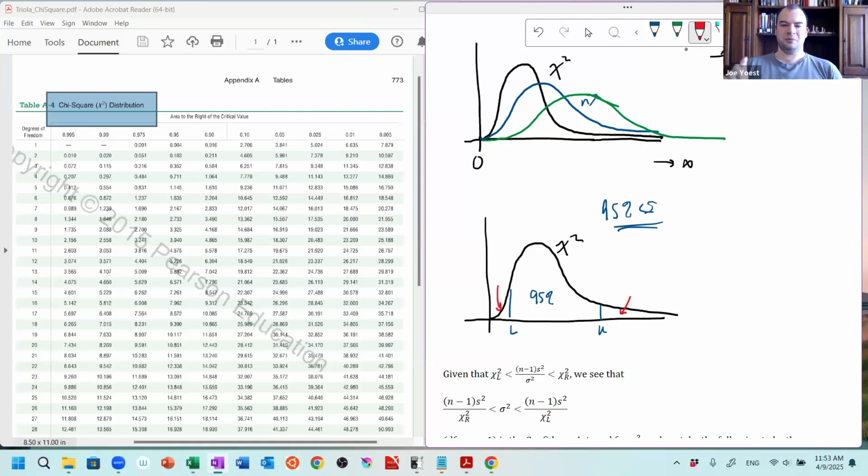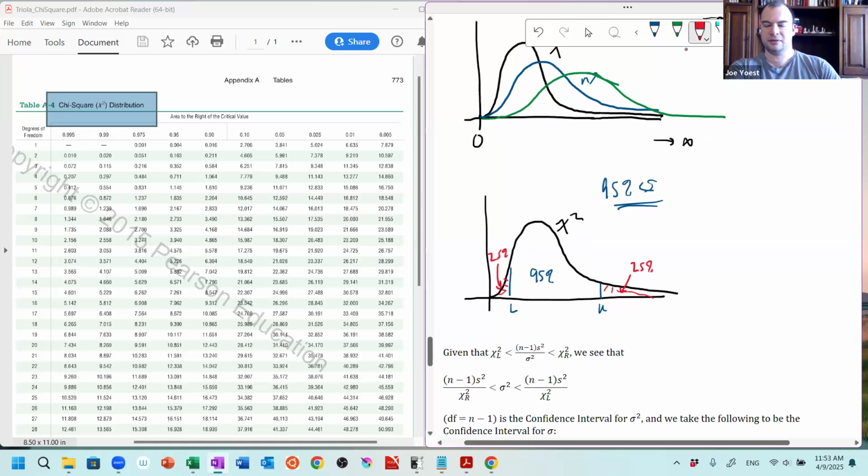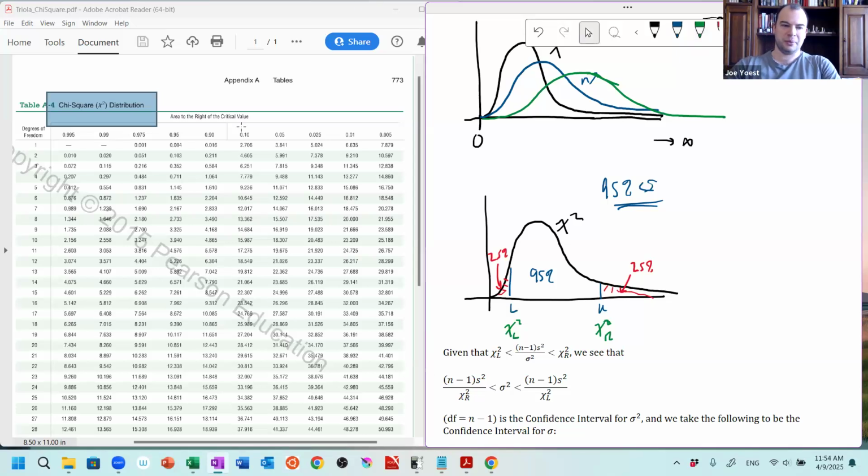I lose the symmetry to be able to do just plus or minus a single number from, say, s squared observed, but I can certainly put 2.5% in this tail and 2.5% in this tail. These chi-squared indices will be called chi-squared left and chi-squared right. So chi-squared left will have 2.5% area to the left. Chi-squared right will have 2.5% area to the right.